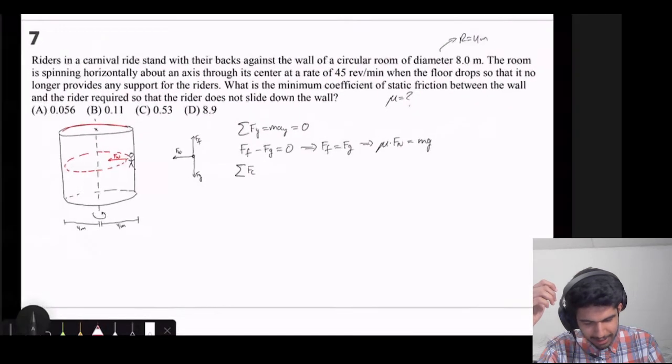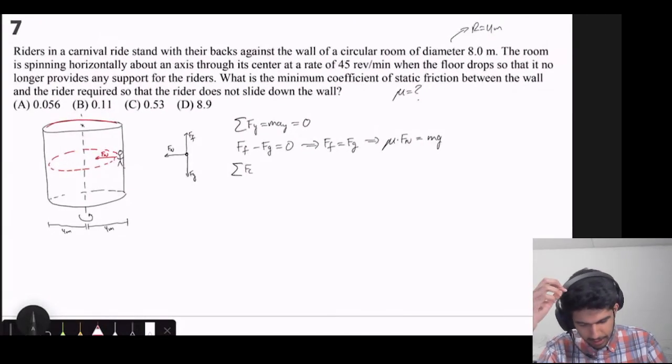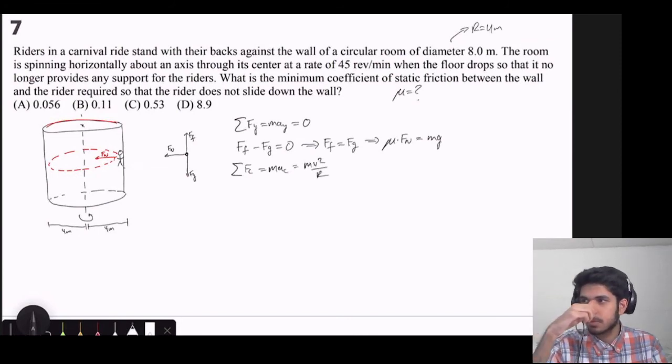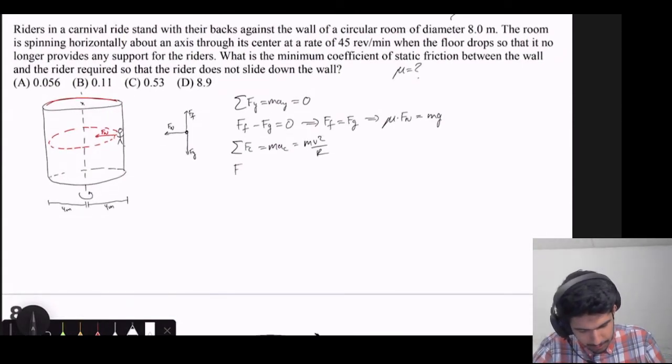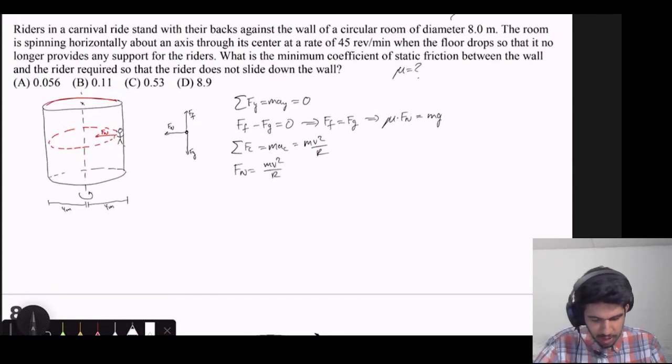So Fn is the centripetal force, and this equals m a_c, which is mv squared over r. Okay? So, well, just by substitution, we say that Fn equals mv squared over r. We don't have m, that's okay. We have r. We sort of have v.